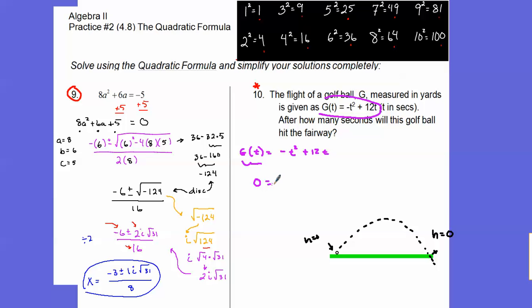So now we have 0 is equal to negative t squared plus 12t. This is pretty much a quadratic formula as before. The only part that's missing is the value of c. We can supply that with plus 0.